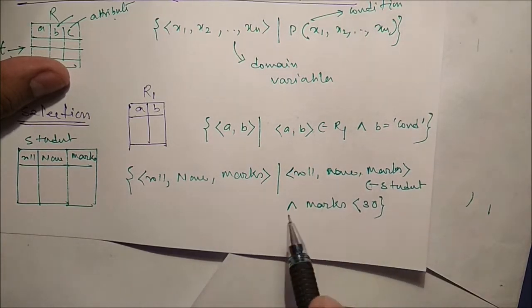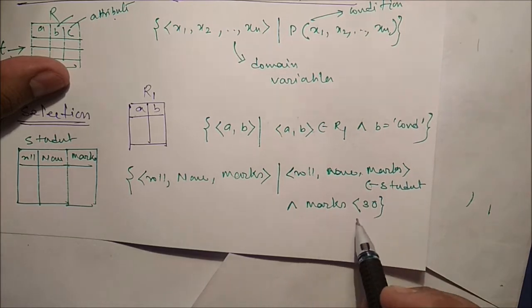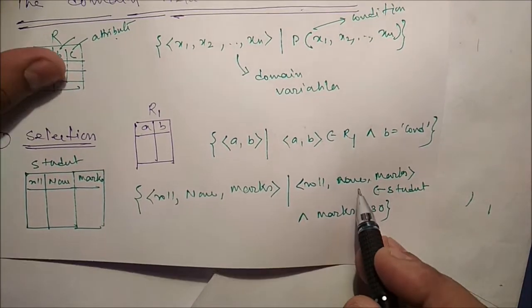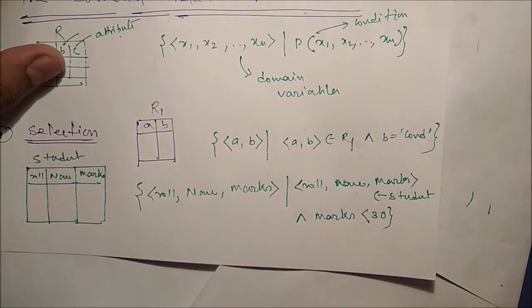Domain relational calculus is also a non-procedural query language. Here we mention the condition, we do not give step-by-step instructions on how to extract the data.